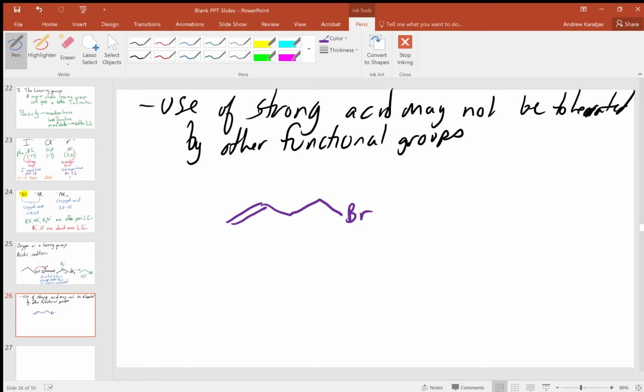So an alkene, such as this one, in general won't affect an SN2 reaction from taking place. We could have a nucleophile add in here, kick out the bromine, and the alkene doesn't care.